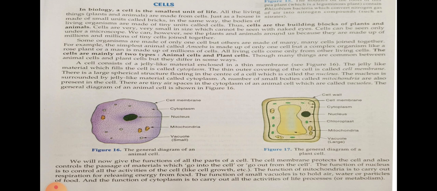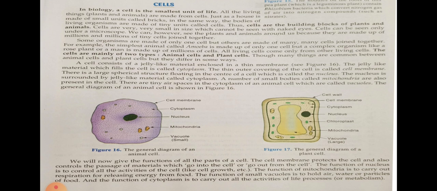Now, what does a cell consist of? A cell consists of jelly-like material enclosed in a tiny membrane. The jelly-like material which fills the inside of the cell is called cytoplasm.